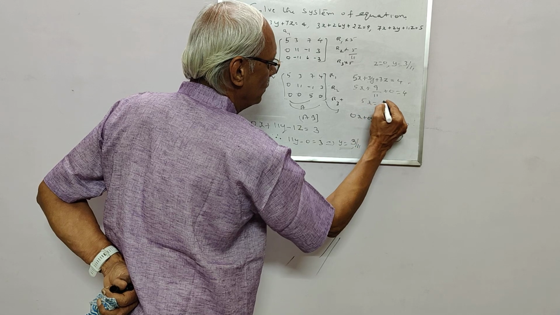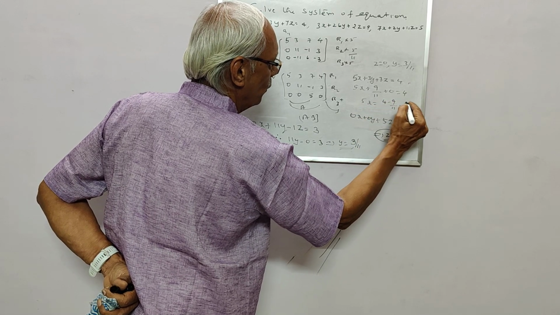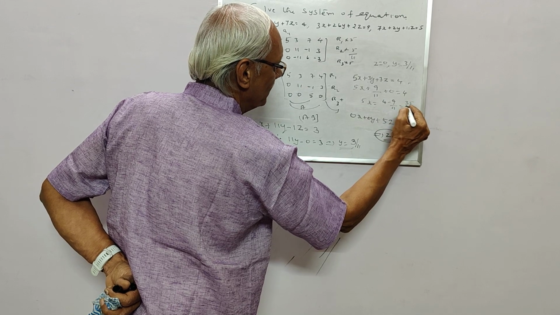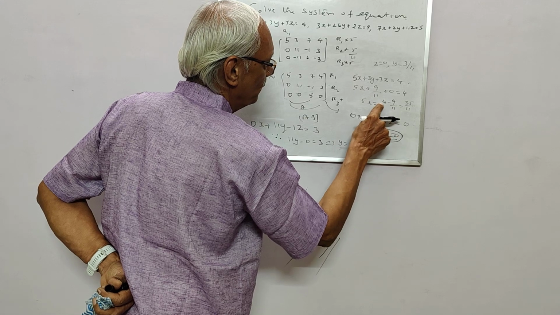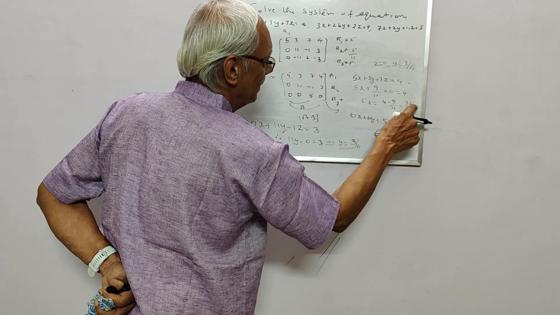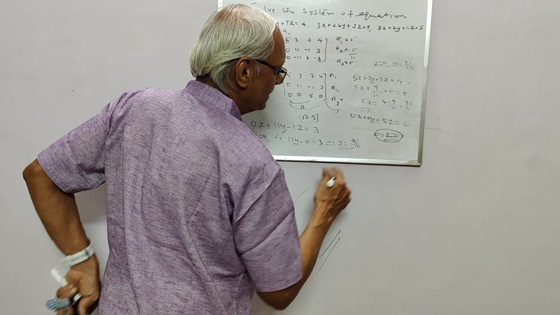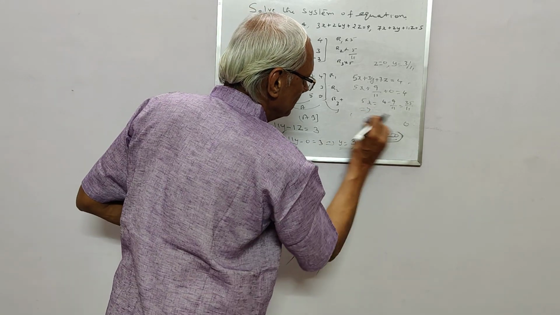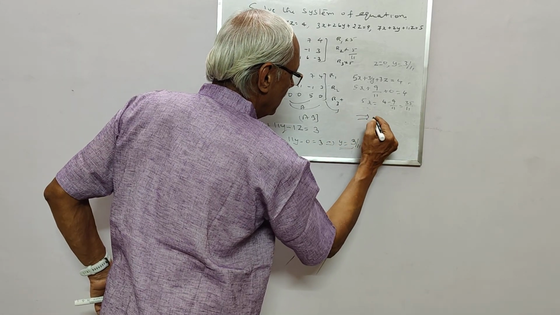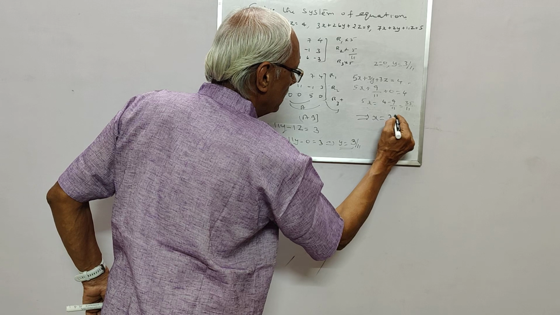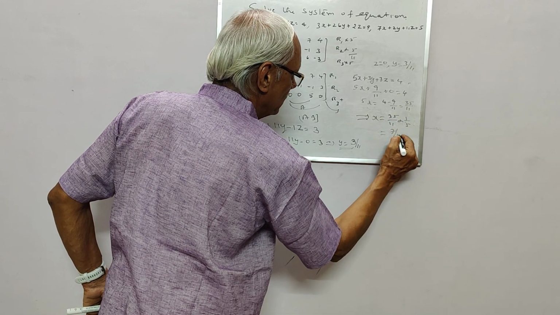So 5x is equal to 4 minus 9 by 11, that is 44 minus 9, 35 by 11. This implies that x is equal to 35 by 11 into 1 by 5, that is equal to 7 by 11.